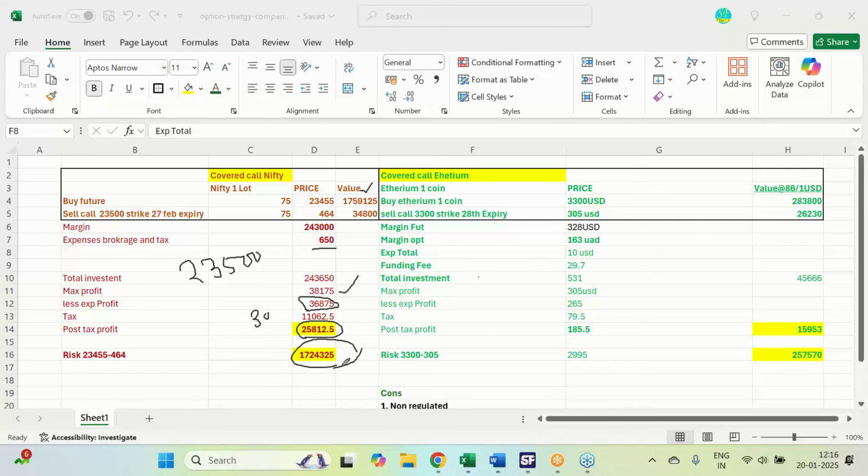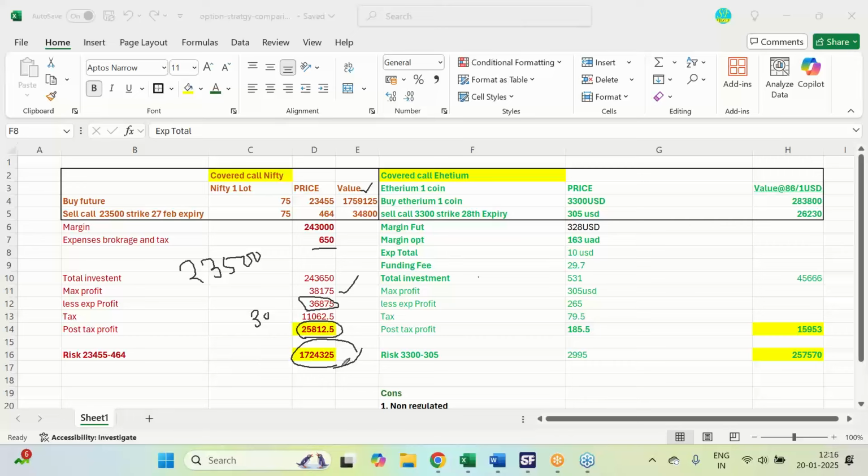This is one example. You can form all examples accordingly based on the strategy you are choosing. If you take options, choose accordingly; if you take futures, choose accordingly. This is how we analyze risk and reward.